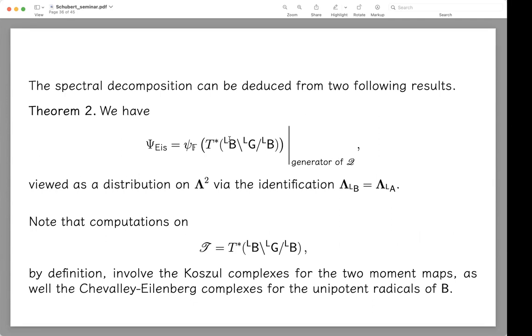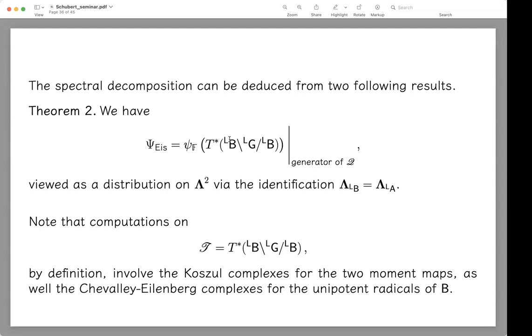The first says that the Langlands defines some distribution, and that distribution is really just the genus of T star of, you take Langlands dual things and you take G mod B on both sides and take T star of that. And since you have division by B Langlands on both sides, this lives over point mod BL on both sides. In particular, that lives over point mod AL on both sides. And so this is a distribution on two copies of lambda of AL.